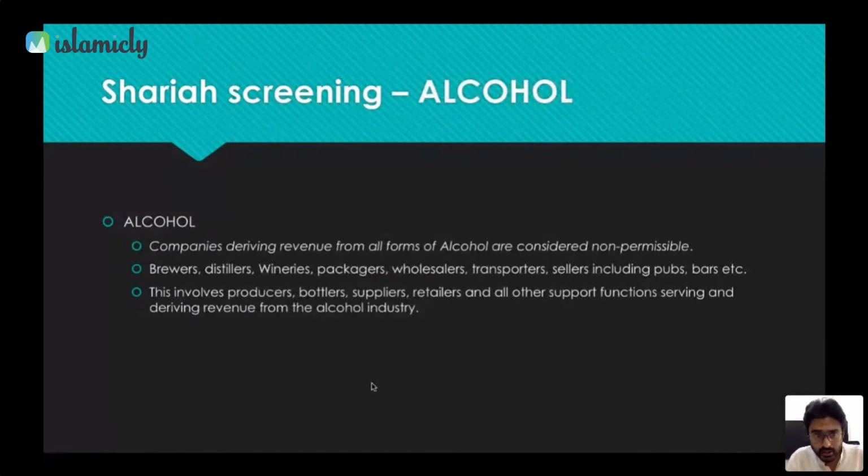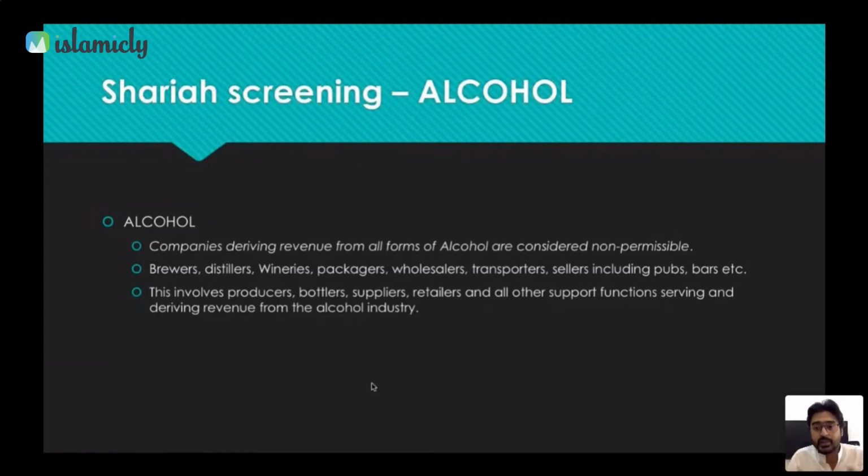So alcohol. Companies deriving revenue from all forms of alcohol are considered non-permissible, right? Now, it involves brewers, so people who get the raw material and make alcohol out of it, distillers, wineries, people who package this alcohol, people who do wholesaling of this entire activity, people who transport alcohol, and people who sell alcohol.